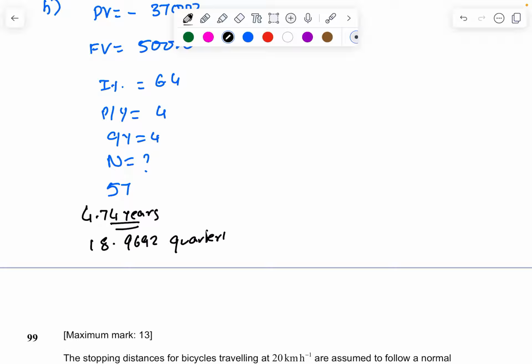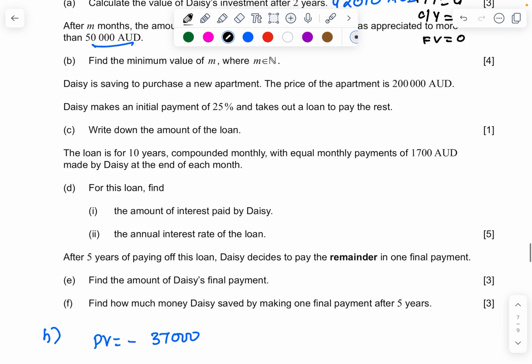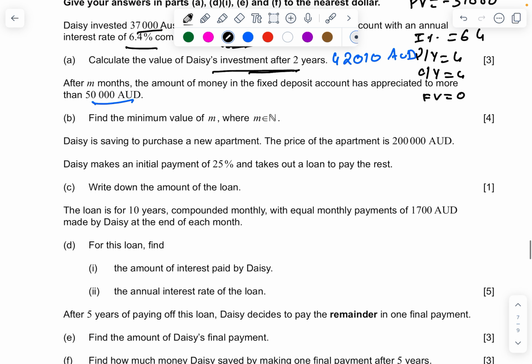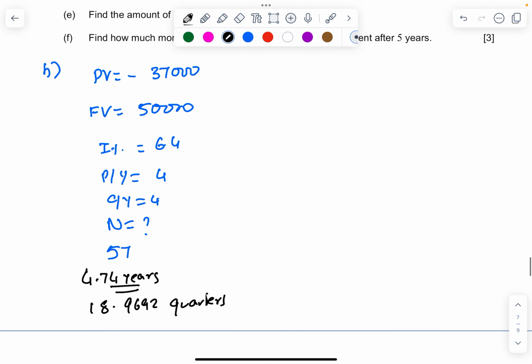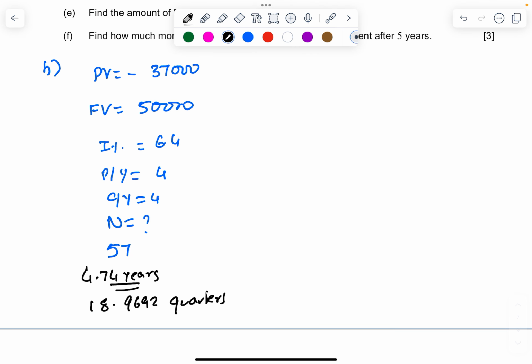This is going to be the answer. M is months, so we want the number of months. So therefore 57. Then this 4.74 years, or 18.9692 quarters, or 57 months. That's going to be the answer.